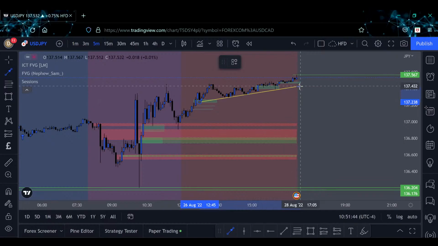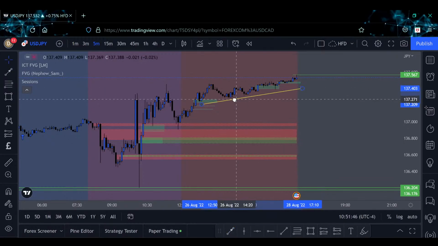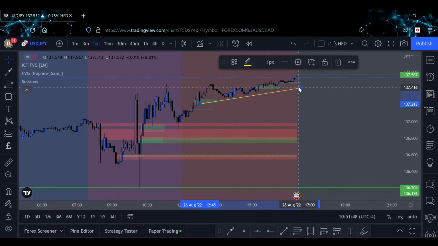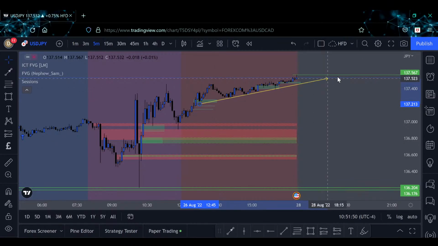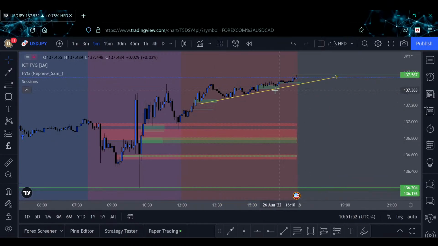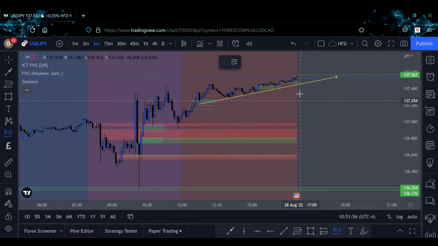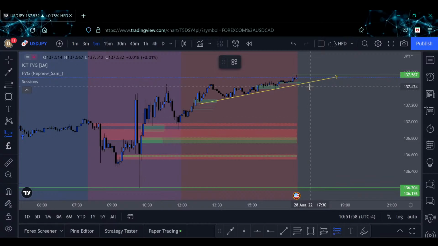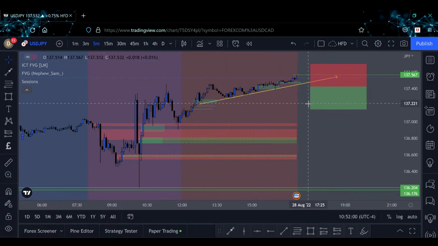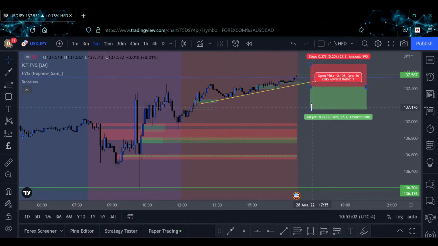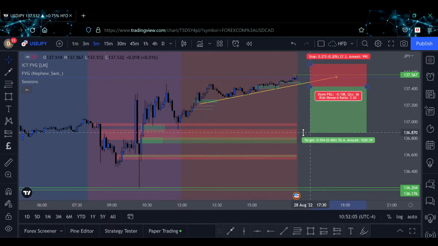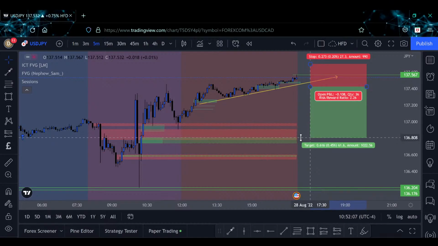That's asking to get run. So you could put a short on when that trend line breaks. Break the line. Target, possibly in here, fair value.